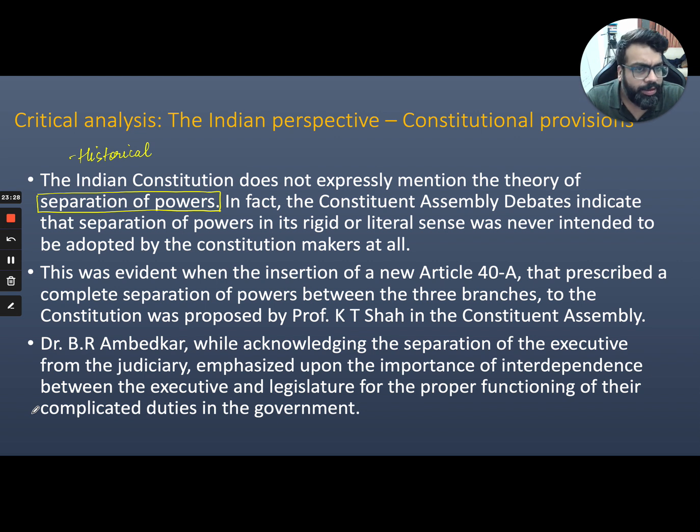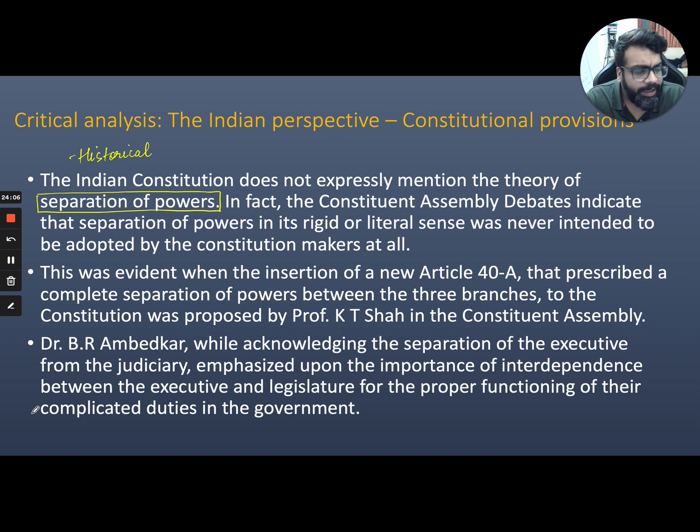And the ultimate conclusion of the Constituent Assembly was that if you clearly write the words separation of powers in either of the provisions of the Constitution, it would make the Constitution fundamentally inorganic and would restrict the evolution of the Constitution in the first place, which means that the Constitution would be incapable of evolving because it would be fundamentally stuck to certain principles which have been mentioned in the Constitution of India.